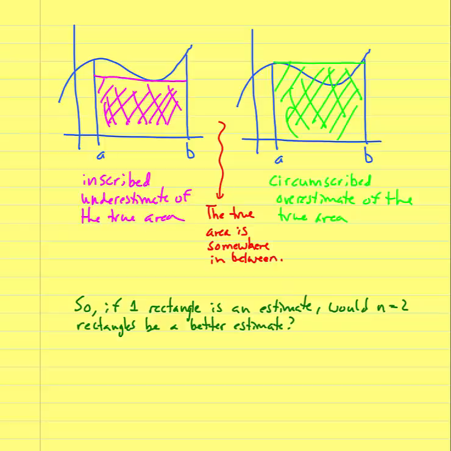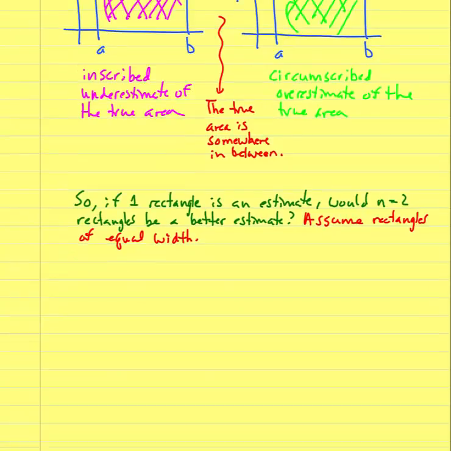Now, one thing that we're going to do in this particular section, we're going to assume rectangles of equal width. Okay, so when we're talking about that, we can just take another picture, same graph that we've had before.